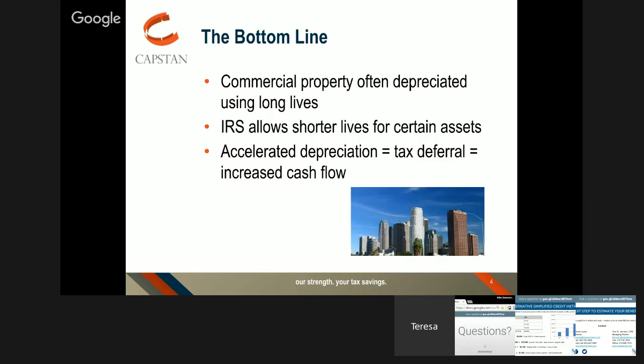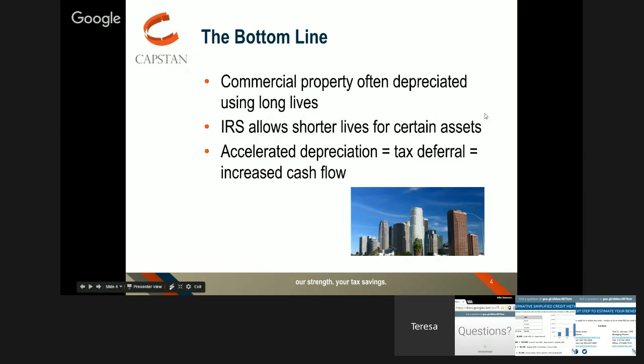So what the IRS allows you to do is for certain assets to actually accelerate into faster lives. And what we do when we do a cost seg is we're basically giving you the documentation to allow you to do that. And why would someone do this? Well, if you accelerate depreciation out of that 39-year bucket, you're going to basically get a tax deferral and increased cash flow.